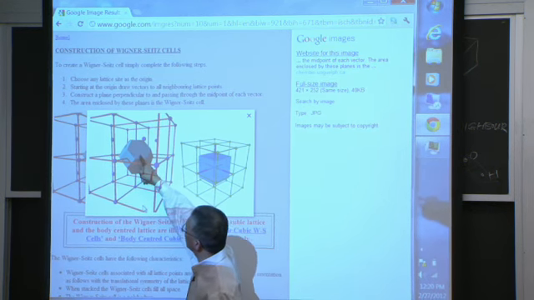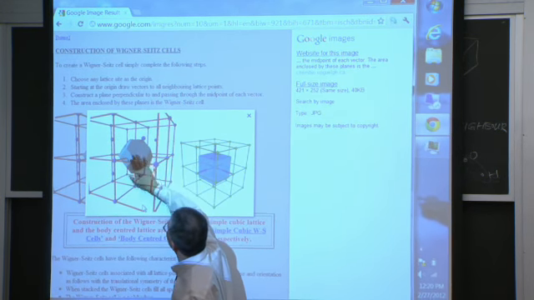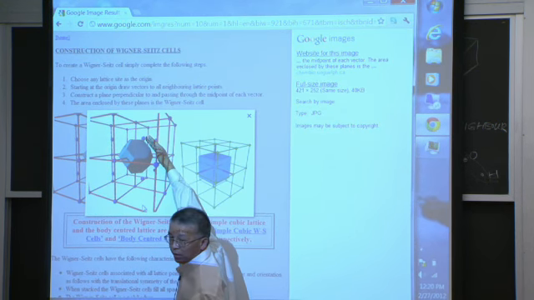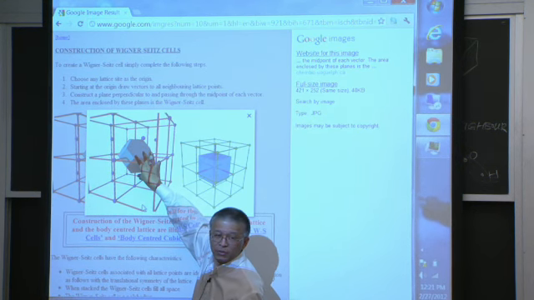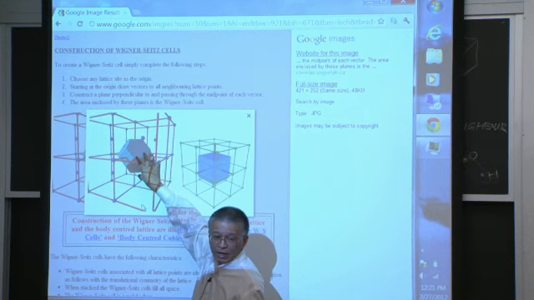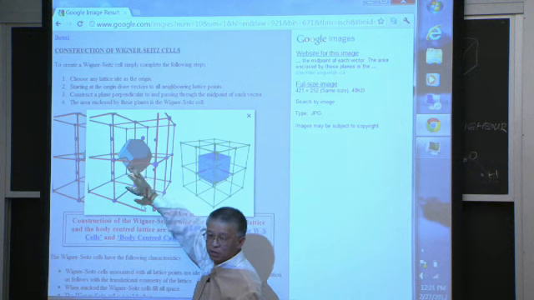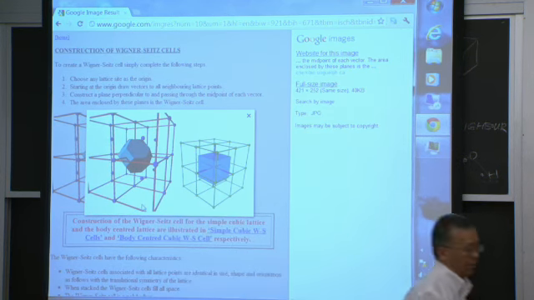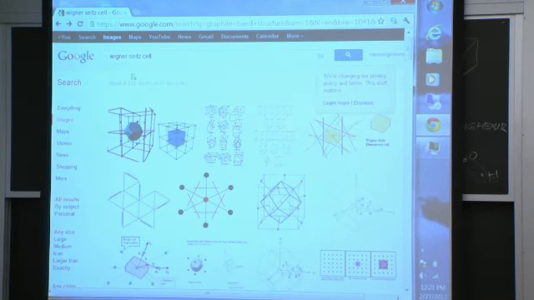You have a point in the center. From the center in this direction, you take the midpoint and cut a plane. So the Wigner-Seitz cell in 3D could be very irregular, but that's a unique way of constructing it. There's no ambiguity, and for each lattice type you can construct a corresponding Wigner-Seitz unit cell.